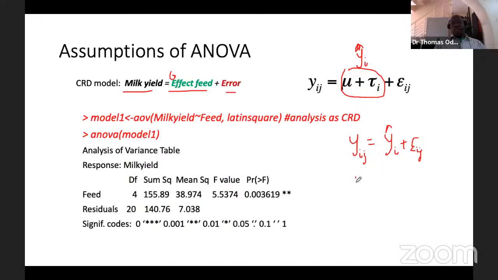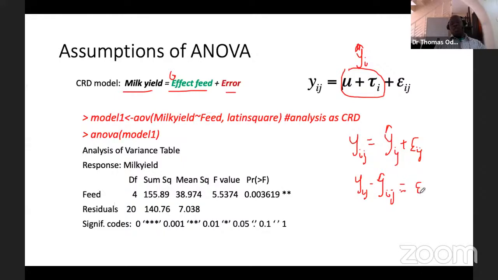So that means your Y_ij minus Y_ij hat, I don't know why people decide to give a hat to this, for the j there, should be equal to your residual.